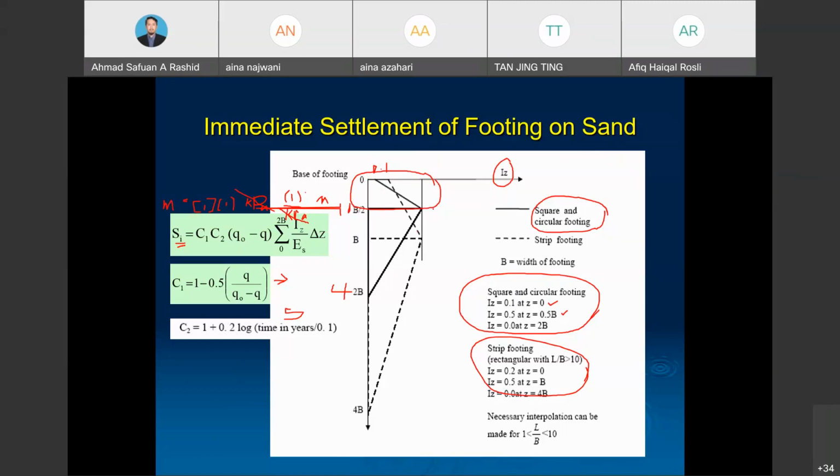Okay, then the other group is from B over 2 to 2B. Okay, so nanti saya akan tunjukkan contoh. Okay, then you may know how to get the immediate settlement for this sand material. Okay, itu kita akan bincang next week.